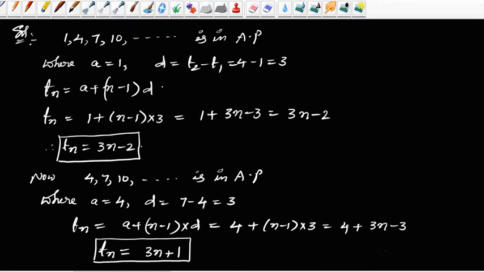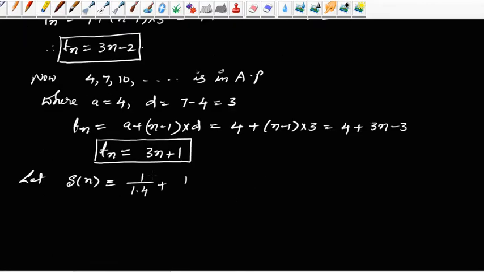Now let's consider S of n is equal to 1 by 1 into 4, plus 1 by 4 into 7, plus 1 by 7 into 10, plus and so on, plus the last term, which also has 1 in the numerator and two factors in the denominator.